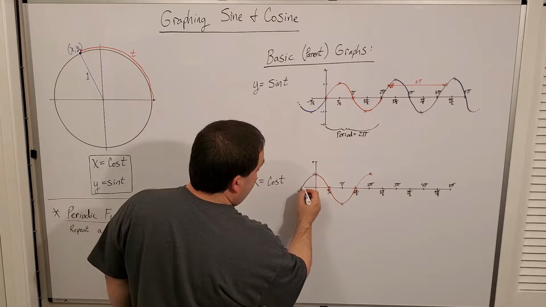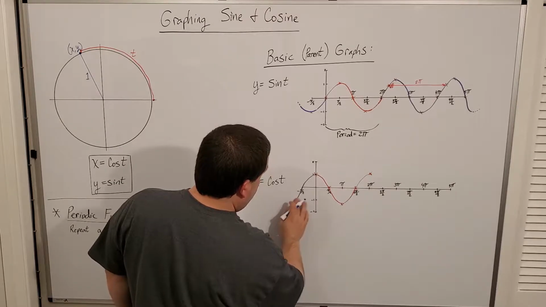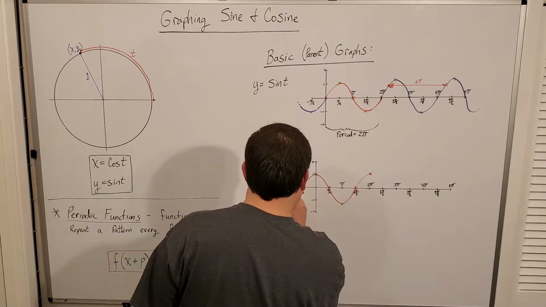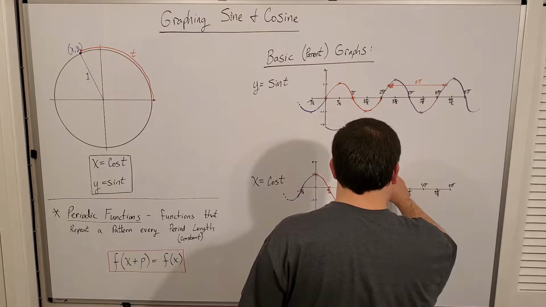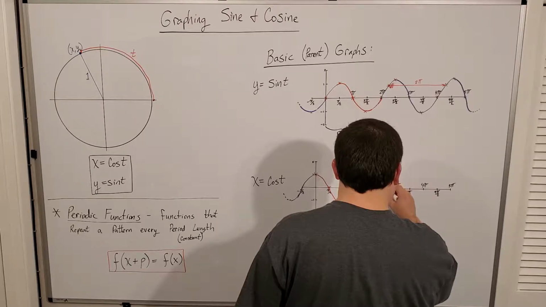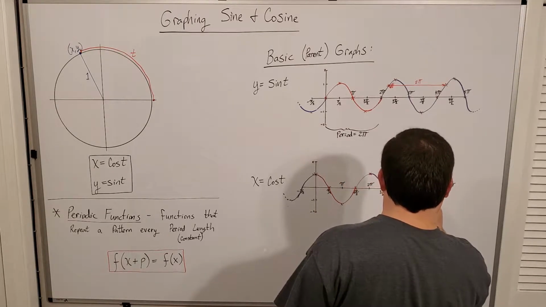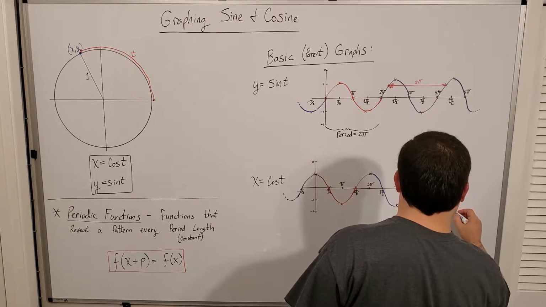So this one goes to 0 here, then it goes through and back down. Back up like this. It goes down and through, then bottoms, right, and then tops, and then bottoms.